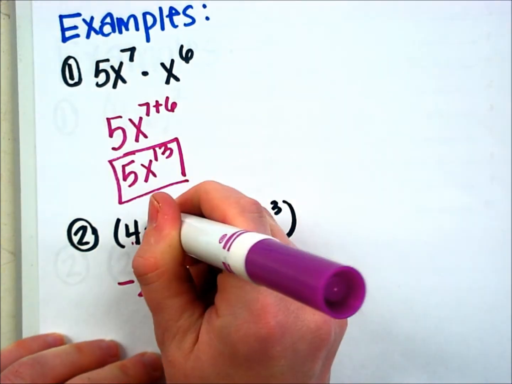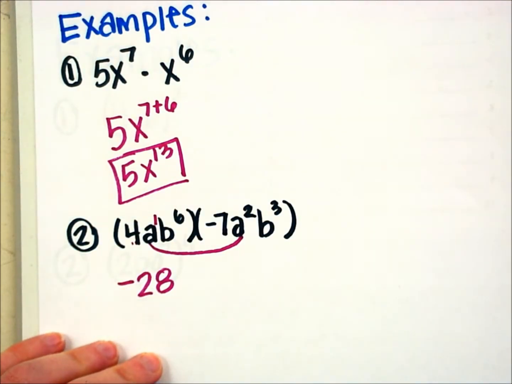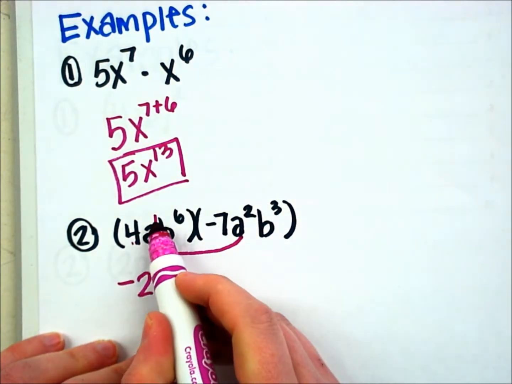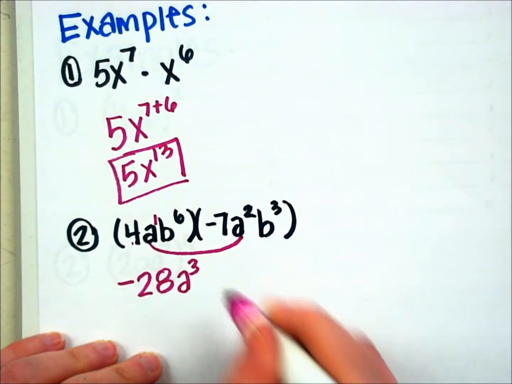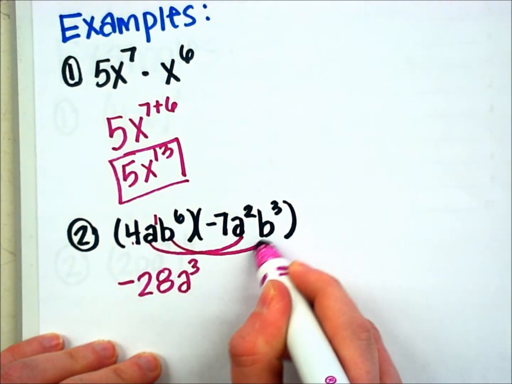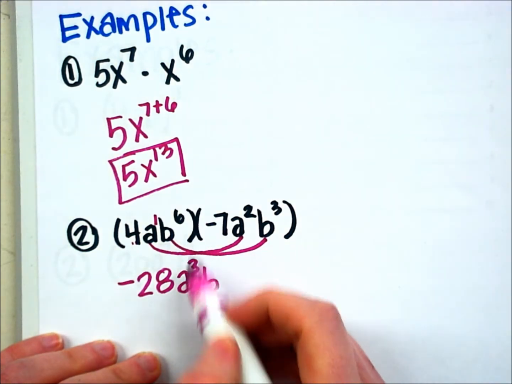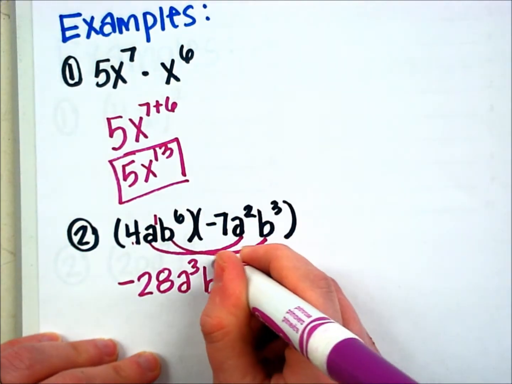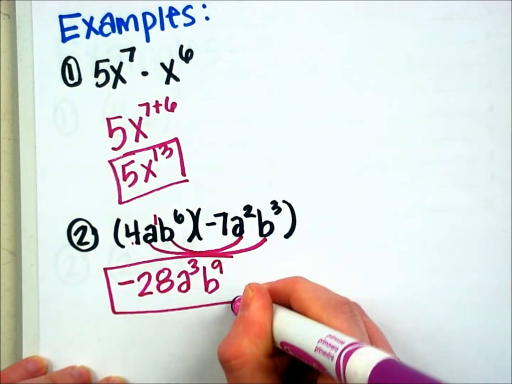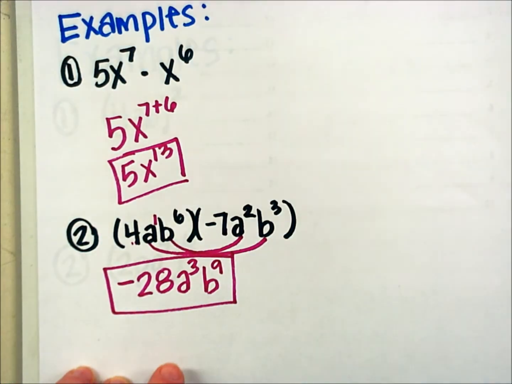So remember, a is known as a to the first, so that would be a to the 1 plus 2 power, or a cubed, and b to the 6th times b cubed will be b to the 6th plus 3, or b to the 9th power. So the final answer here is -28 a cubed b to the 9th.